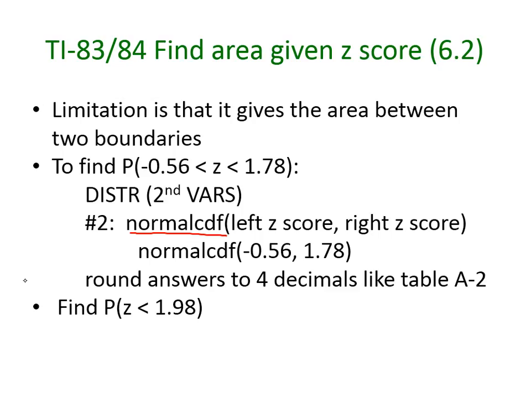What do you think we would want to put as our leftmost bound? If we're thinking about this, back to having my normal distribution, we're doing 1.98. So 1.98 is probably about right here. I'm wanting the area to the left.